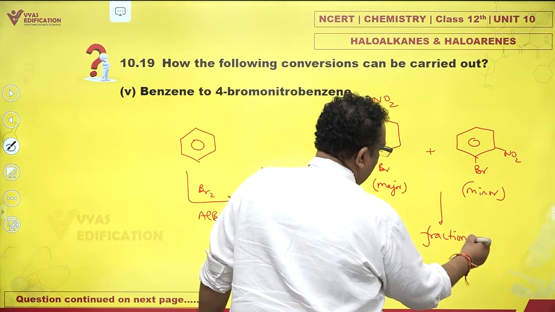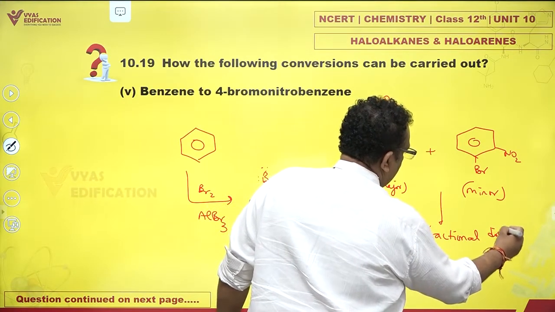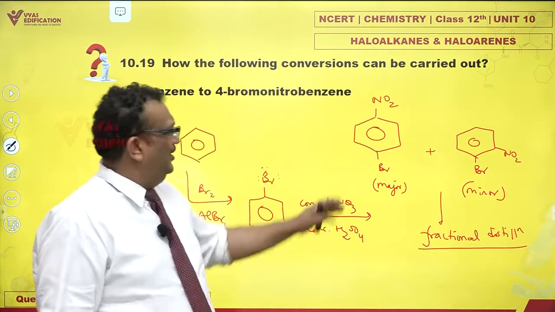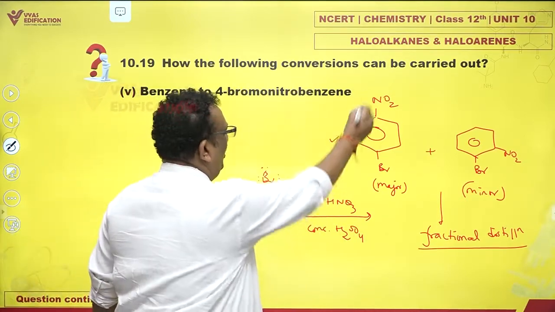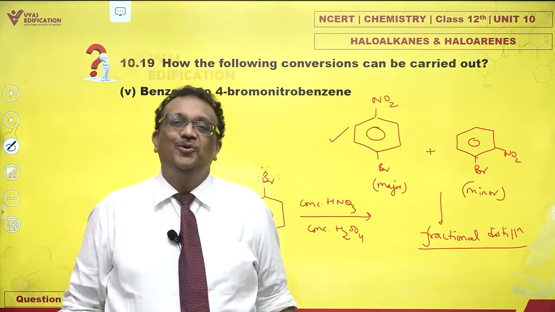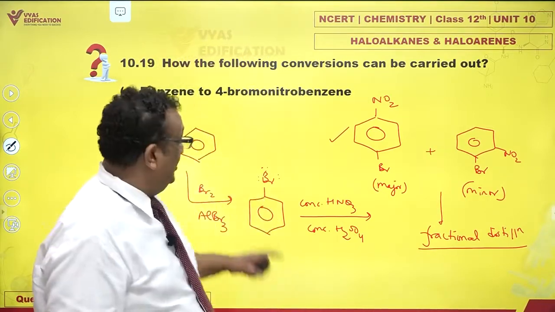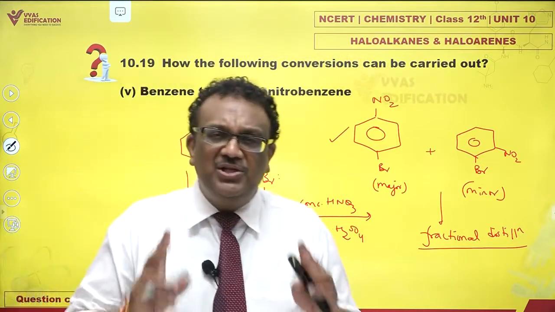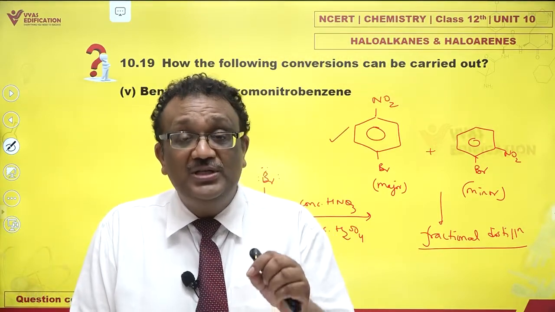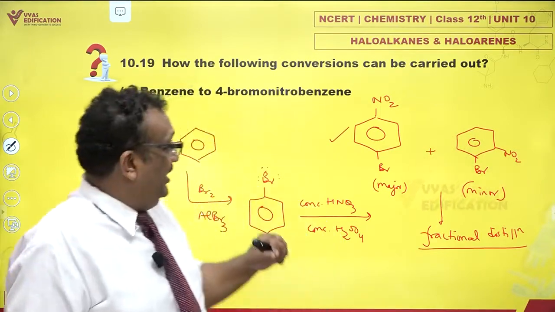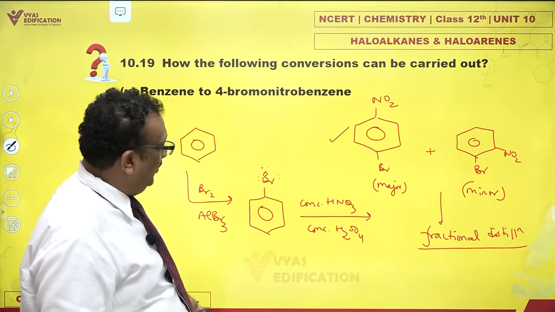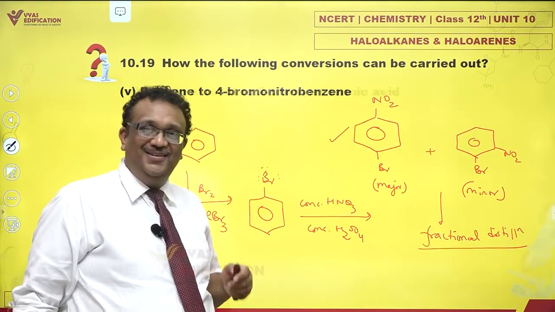Fractional distillation will easily separate them, and you have this product, and this is what you wanted. The important part is, please do not carry out nitration first, because nitro is a major deactivator, and also it is a meta-directing group in case you have NO2 before. So you would get meta-bromo, not para-bromo in that case. Got it? Right.